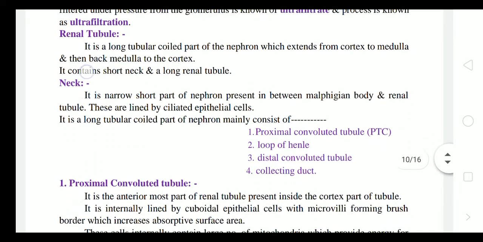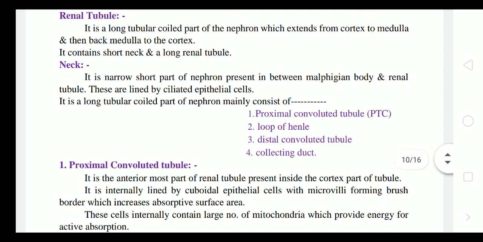Renal tubule. It is a long tubular coiled part of the nephron which extends from the cortex to the medulla, that is, from the cortex of the kidney to the medulla of the kidney, and then back from the medulla to the cortex. It contains a short neck and a long renal tubule.